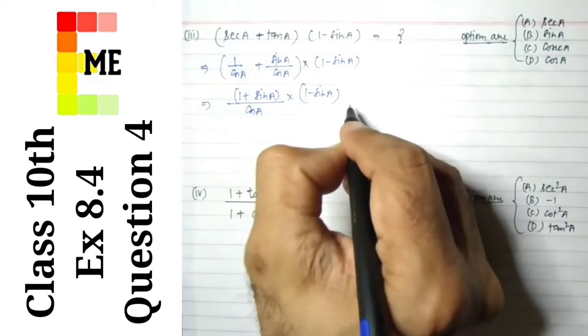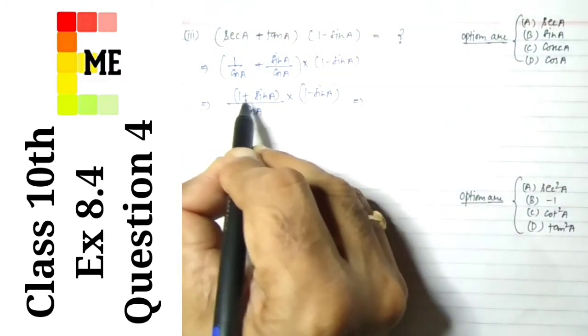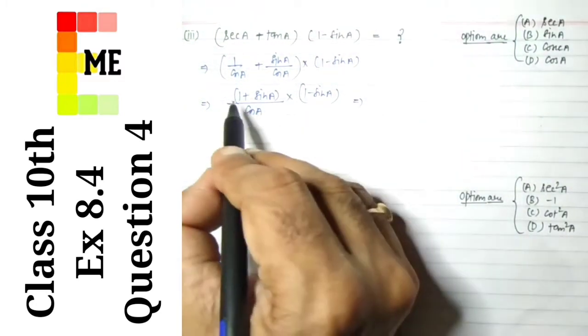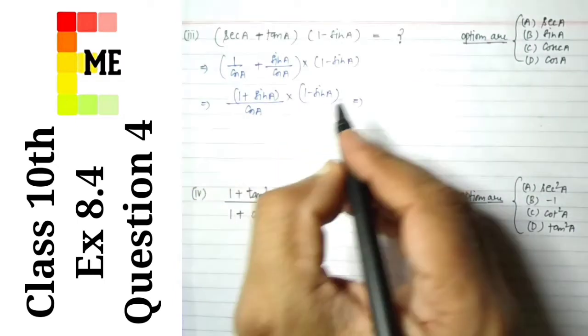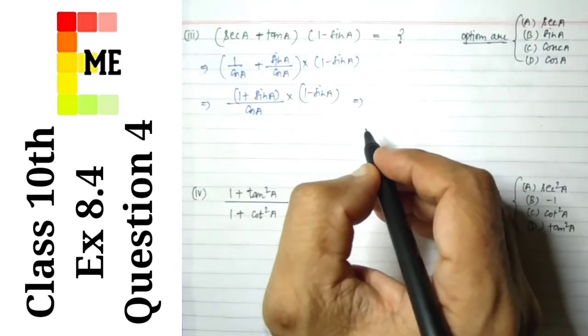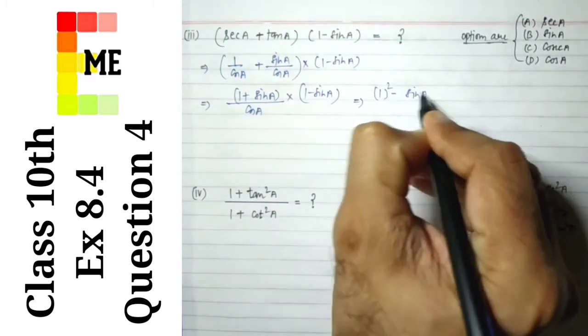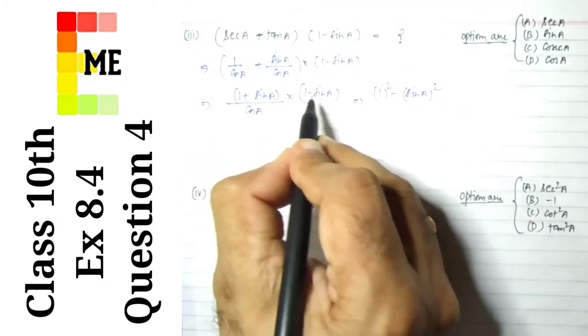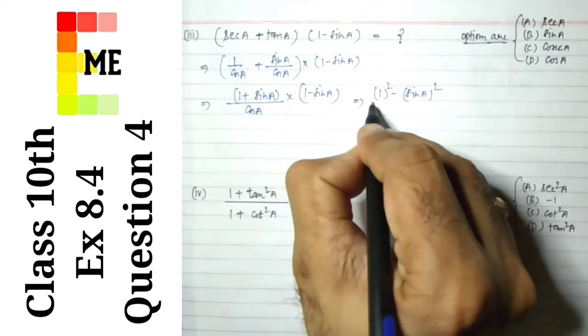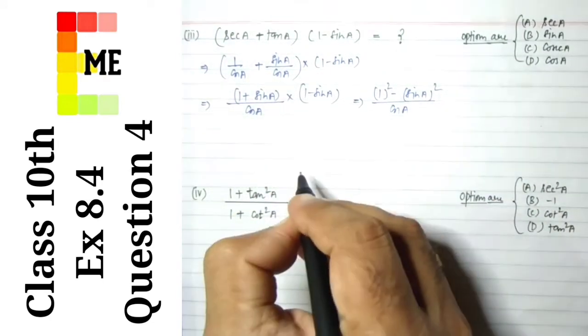That gives us 1 plus sin a into 1 minus sin a. Since a plus b into a minus b gives us a square minus b square, we have 1 square minus sin a whole square upon cos a.